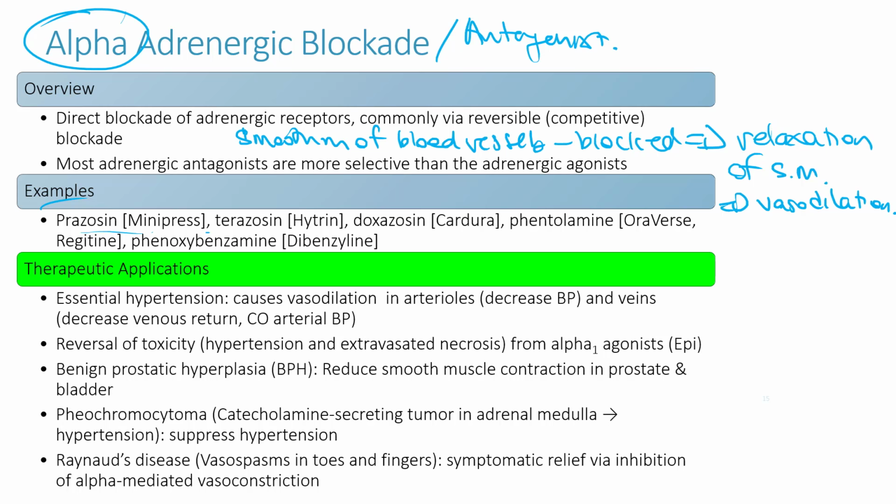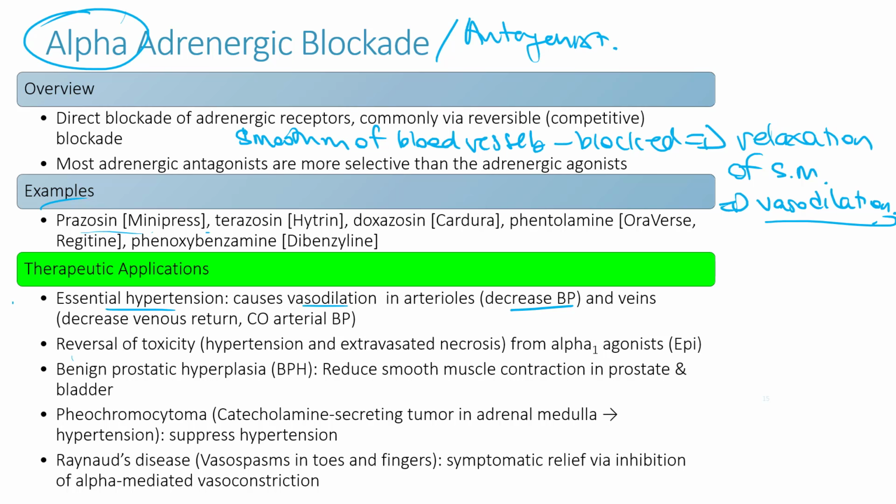The first one is obviously if you want vasodilation, that's nice to have if you have hypertension, right? It causes vasodilation in arterioles, and if you have vasodilation in arterioles, blood pressure goes down, and the heart doesn't have to work that hard.